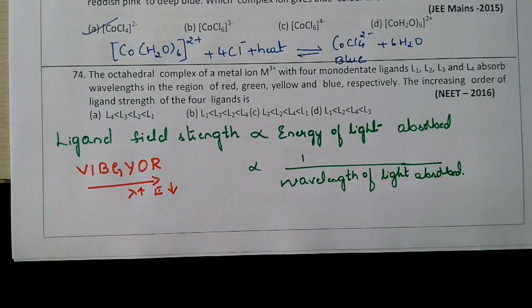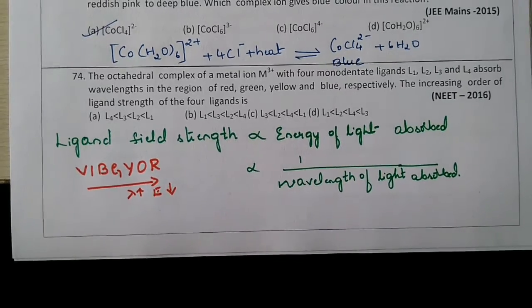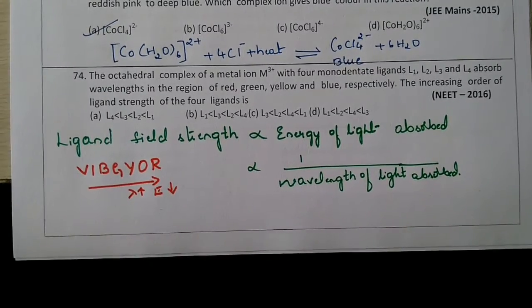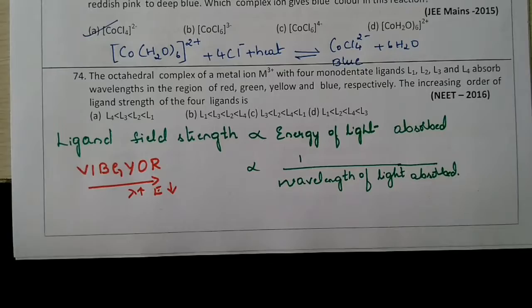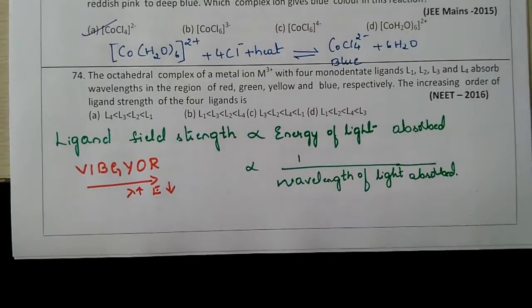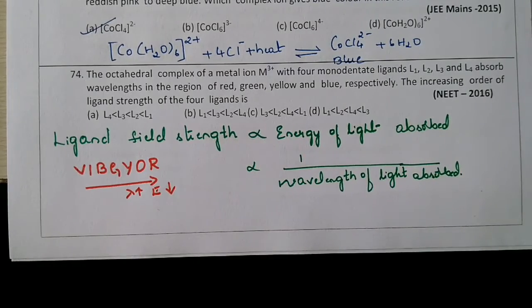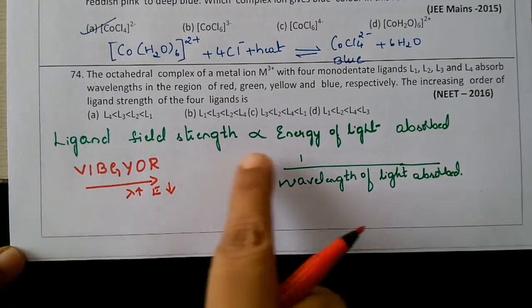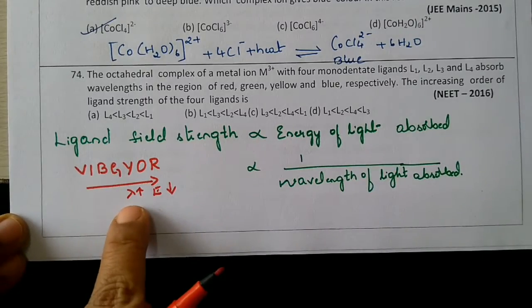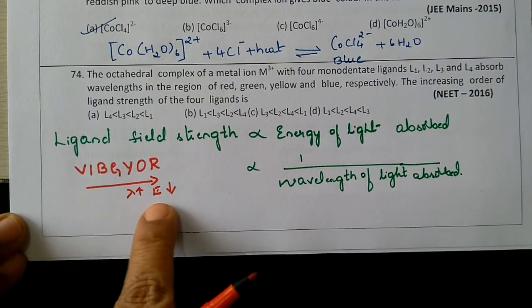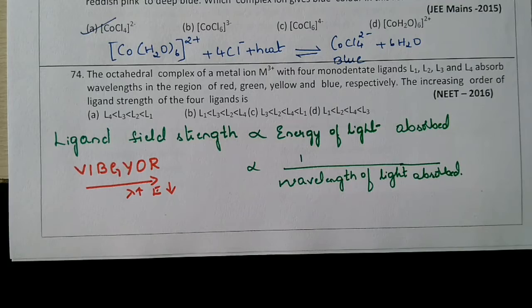For the visible region, the wavelength is from 400 to 750 or from 350 to 750 nanometer. So from VIBGYOR, wavelength is going to increase, and likewise energy is going to decrease.